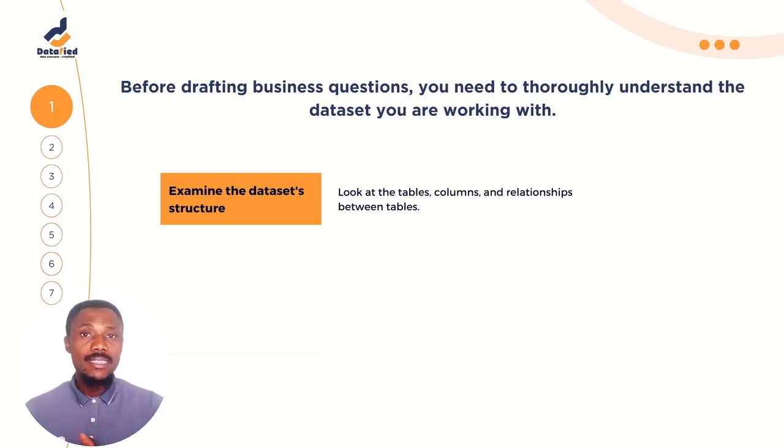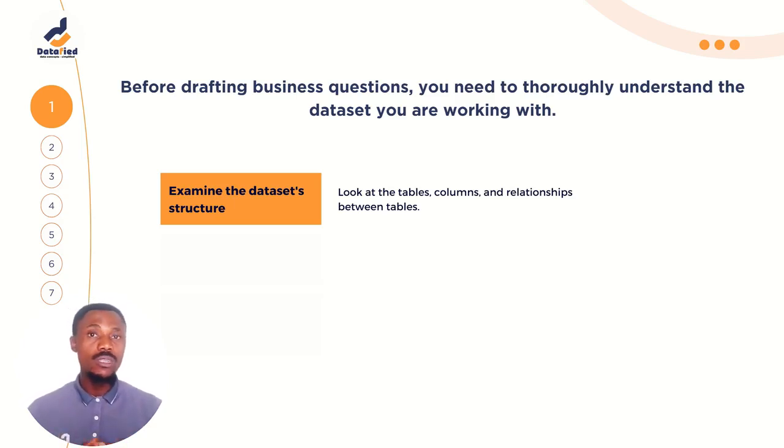The entity relationship diagram will show you the way the different data sets are connected. It will also help you understand the different columns that are stored in each of those tables and which column is connecting to the other table. So that is the very first thing you have to do.